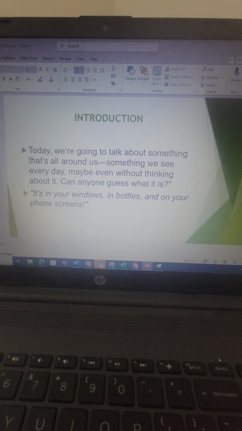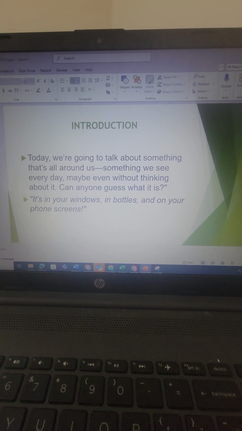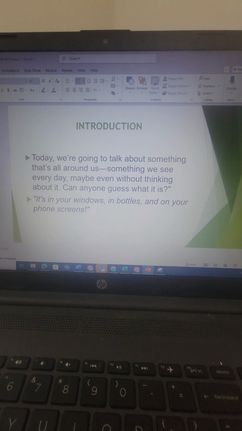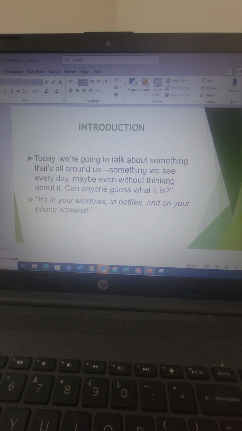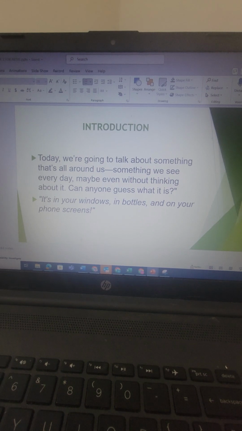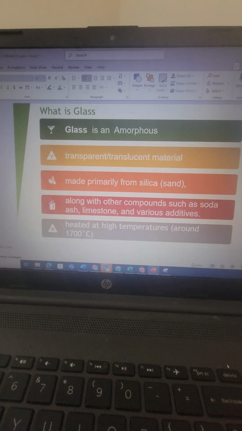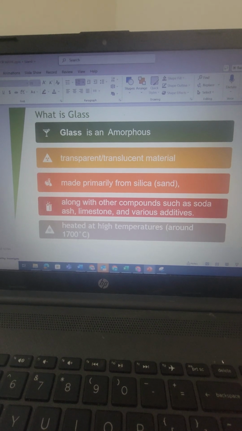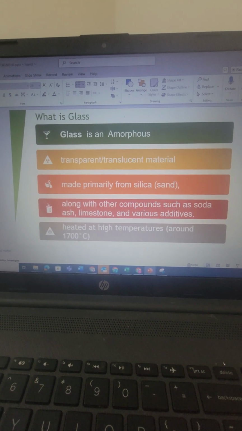So what we're saying is that glass is all around us, everywhere we go: at home, in the hospitals, in the schools, in the industries, everywhere is glass. What is glass, therefore? When we say glass is an amorphous material, what does it mean?